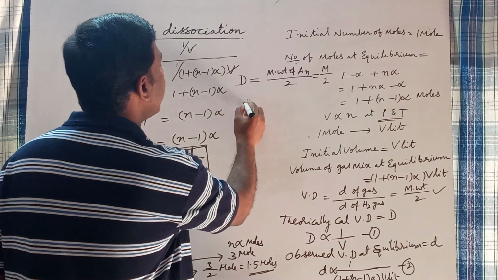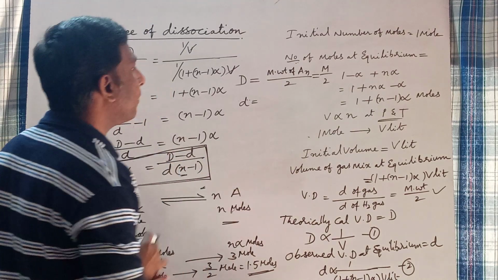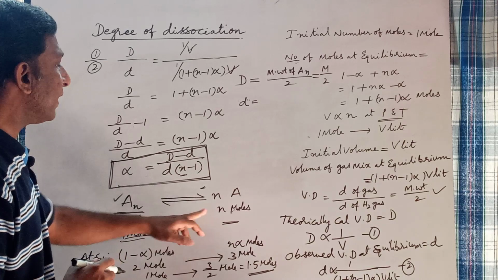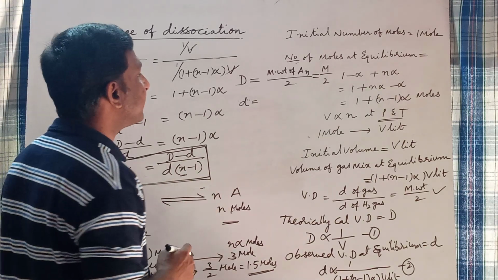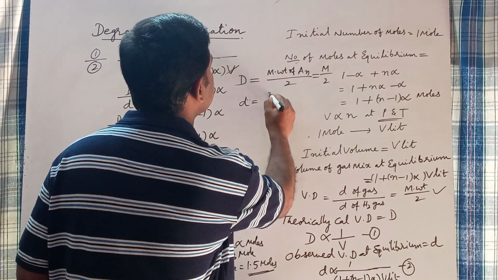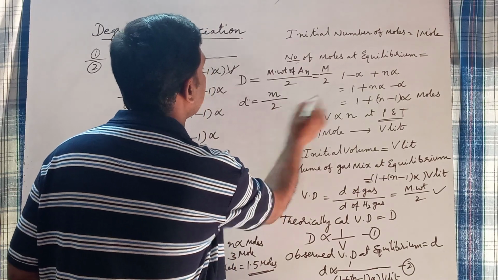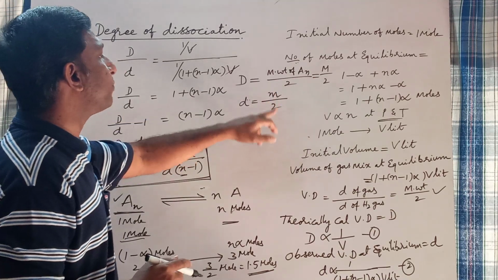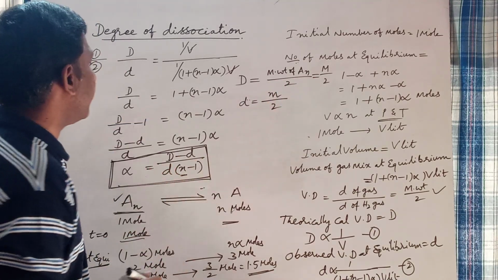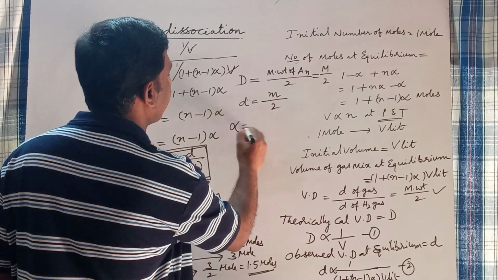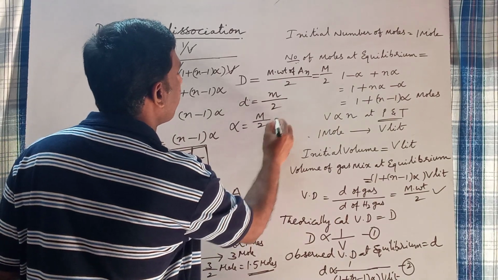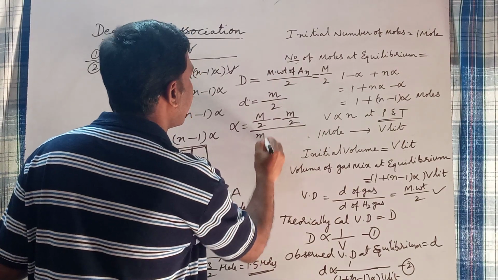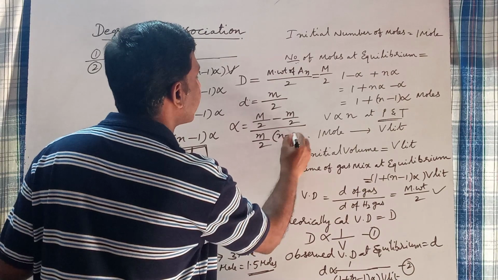And small d is the average molecular weight of the gaseous mixture at the equilibrium state, taken as small m divided by 2. So substitute M/2 and m/2 in place of capital D and small d, so that you get α = (M/2 − m/2) / [(m/2)(n − 1)].